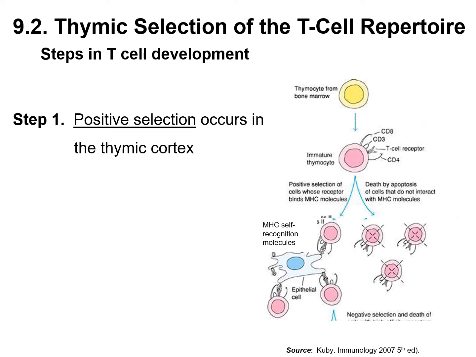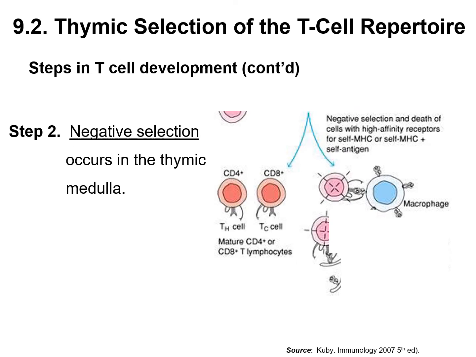This is the representation of that process. We can see that the thymocyte is derived from the bone marrow. It goes to the thymus, and in the thymus, it will proliferate. It will create copies of itself, and only those cells that can recognize the MHC and the self molecule will be allowed to survive. The rest will die. The negative selection process happens in the medulla.